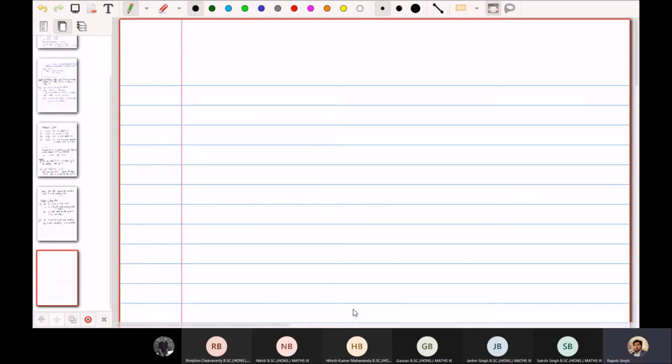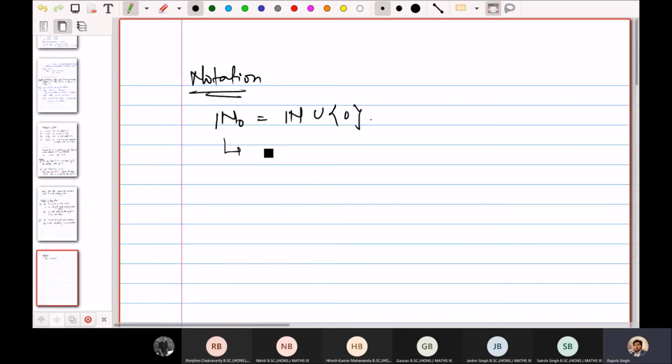How much time is there? Okay, we have 10 minutes, so we can define this. Okay, we have one more notation. N naught denotes the set N union 0. Okay, so that is the set of all whole numbers. ठीक है, इसे whole numbers भी कहते हैं.